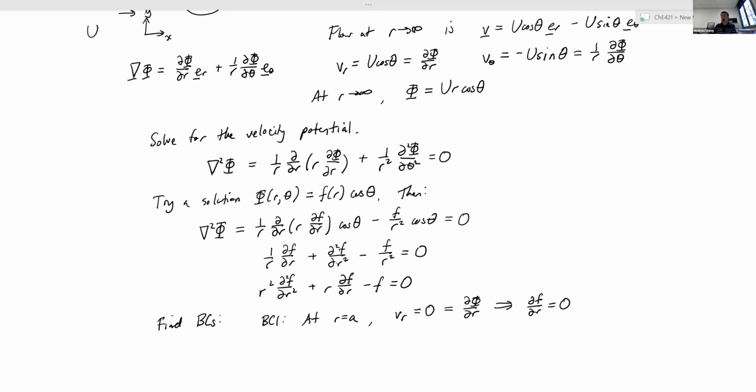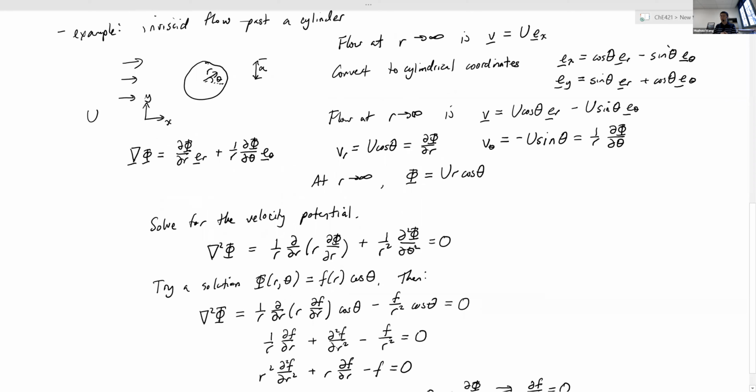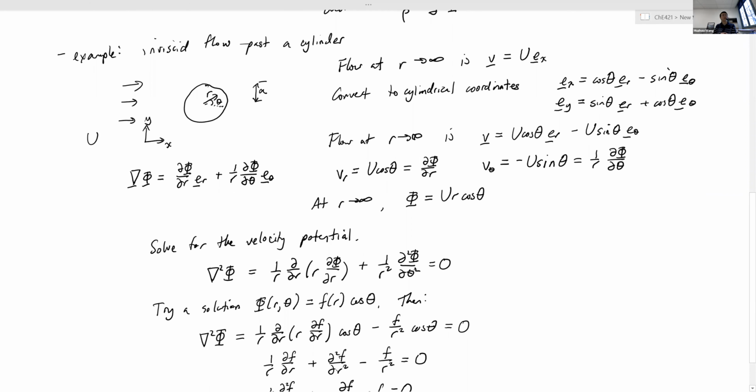Maybe not this time at r equals a, but maybe far away, right? Yeah, r goes to infinity. Oh, sorry. Could we not just do the same r equals infinity, but then say that f is just equal to ur? Yeah, exactly, right? Because as r goes to infinity, we know that phi is equal to ur cosine theta, and we know that phi is also equal to f of r times cosine theta, and so therefore f of r has to equal ur.